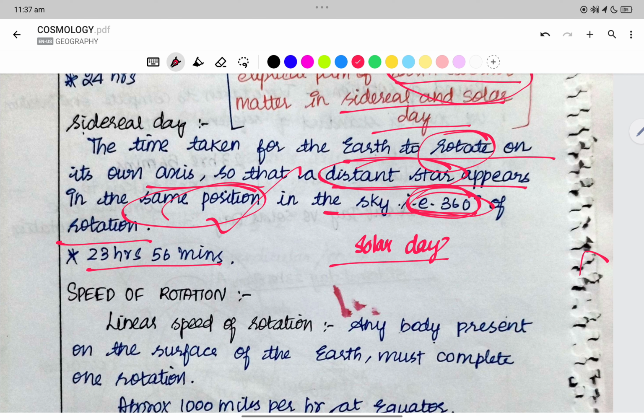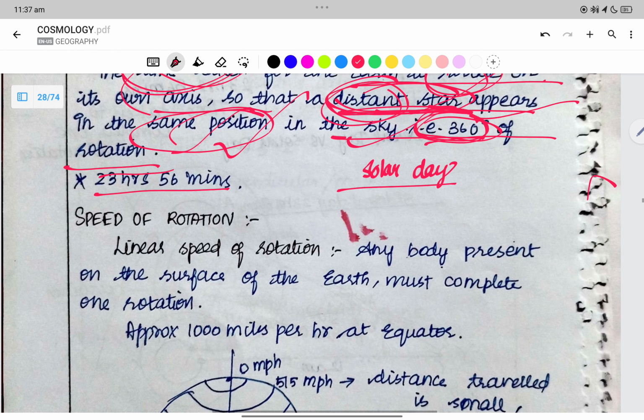First we mentioned the time to rotate on its own axis so that the sun or the distant star appears in the same position. The distant star is for the sidereal day, and for the solar day we have the sun. For a 361-degree rotation we have the solar day; for a 360-degree rotation we have the sidereal day.